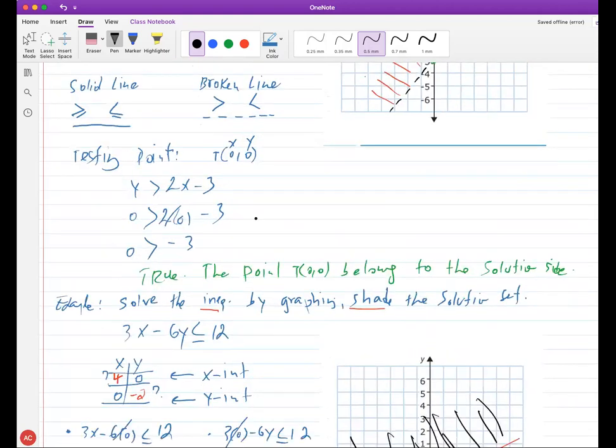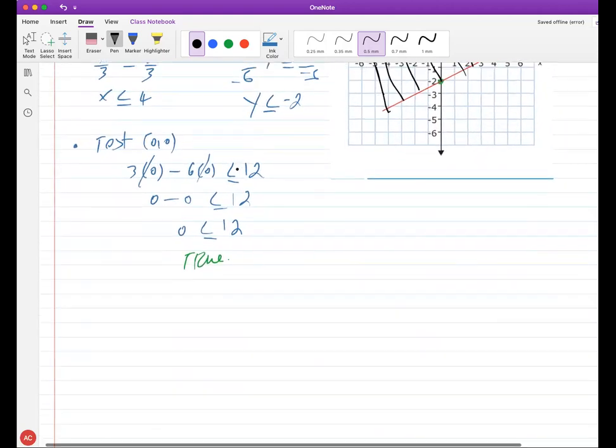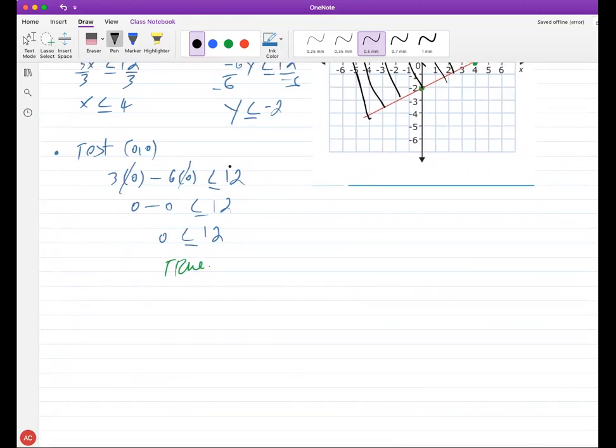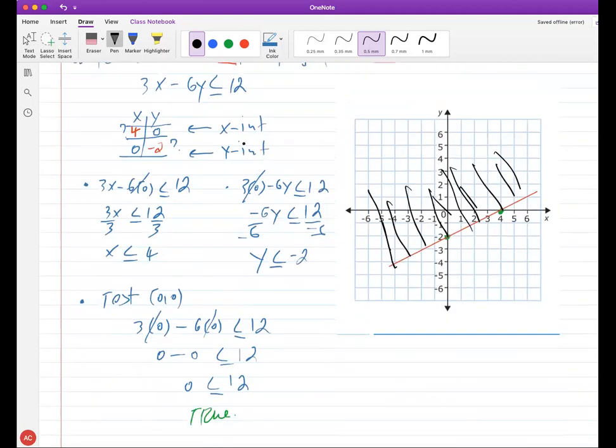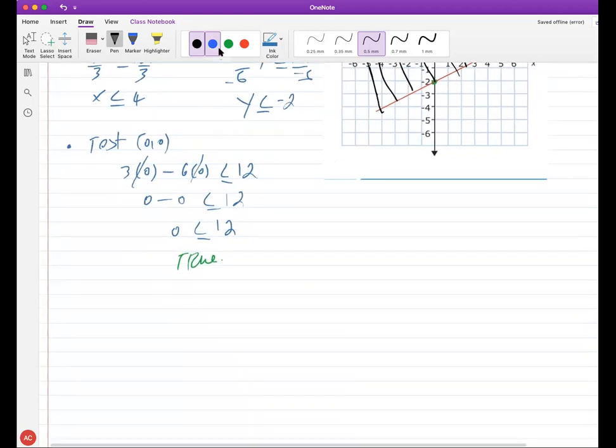And that's pretty much it. Maybe one last example here, and we're going to see what happens. Okay, let's do one more example. Let's see.